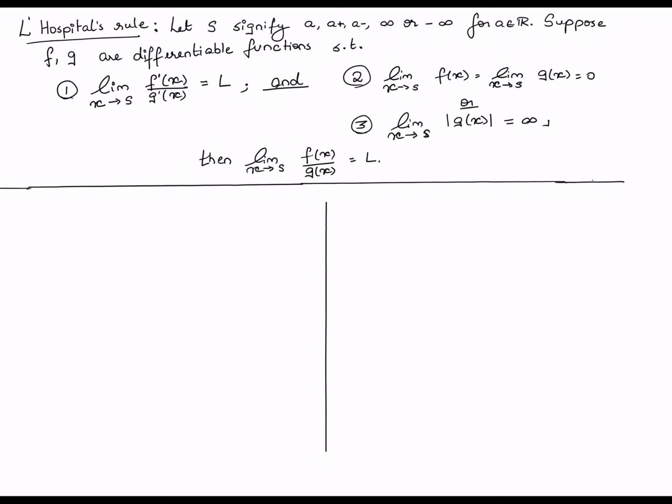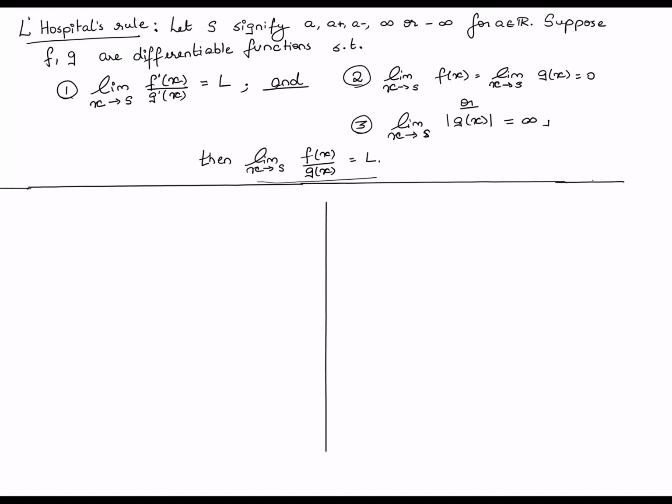So if 1 holds and either of 2 or 3 hold, then in fact you have that as x tends to S, the ratio of f of x to g of x tends to L. And that's the conclusion of L'Hopital's rule.